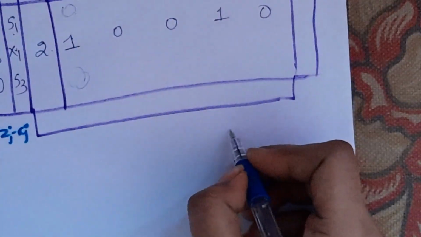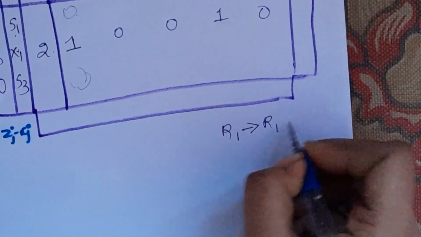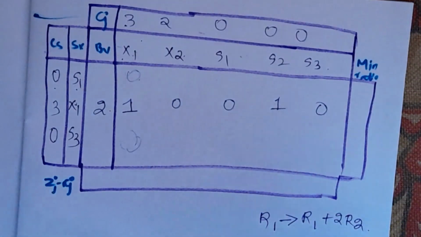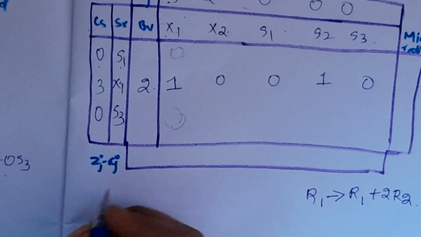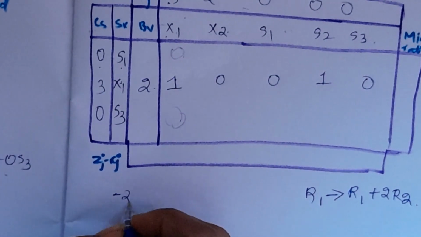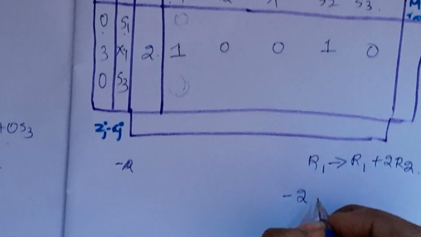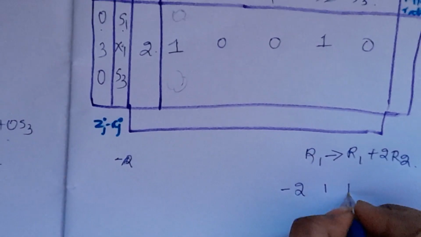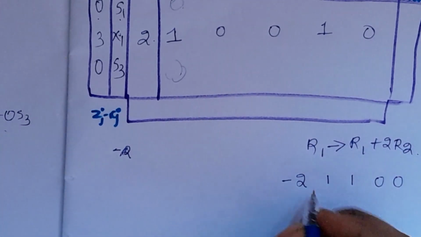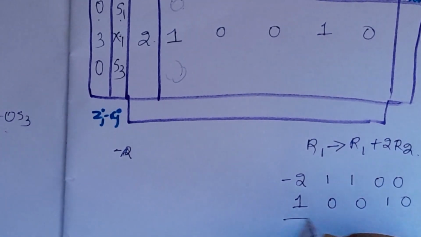How? R1 equals R1 plus 2R2. Okay, how? R1 values are minus 2, 1, 1, 0, 0. R2 values are 1 0 0 1 0.